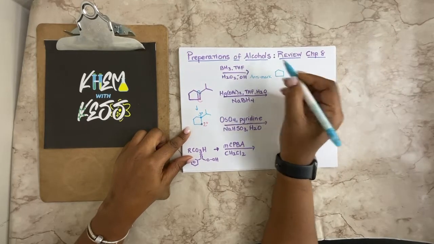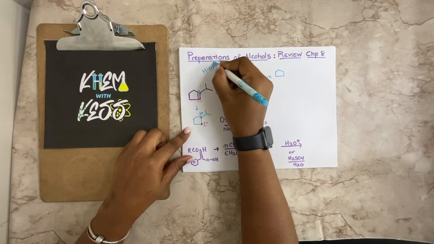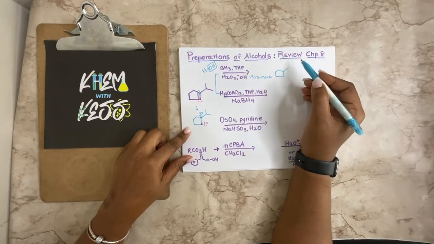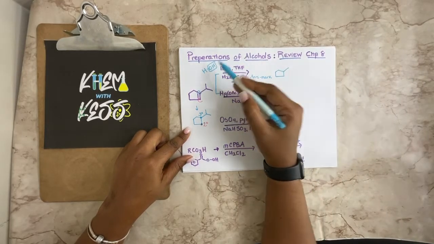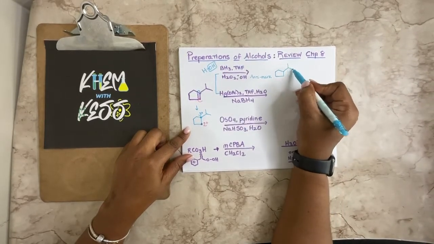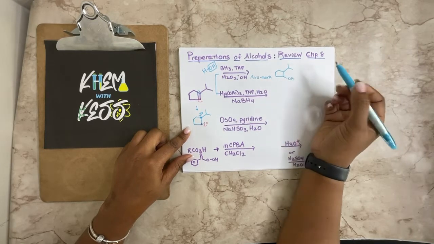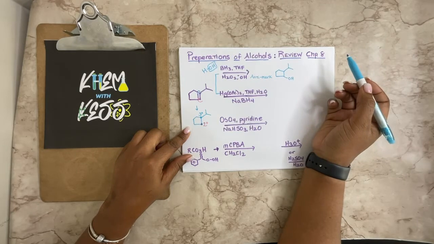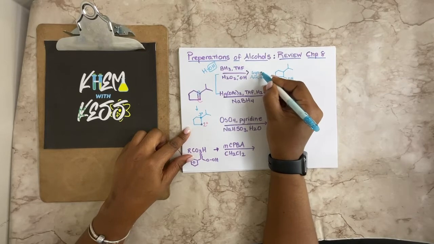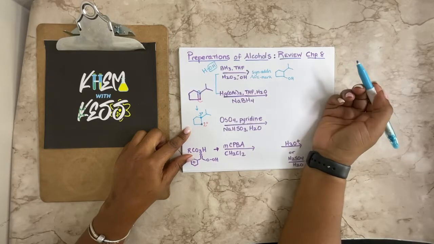So what I'm adding for both of these is water. I'm thinking about where my largest group is going to go. Well, technically both of them, but at times you tend to focus on the biggest electronegative group. So here, I expect my OH to go to the bottom, and that's if your instructor doesn't want stereochemistry. Please remember this reaction follows syn addition, which means this hydrogen and the OH should be on the same side.